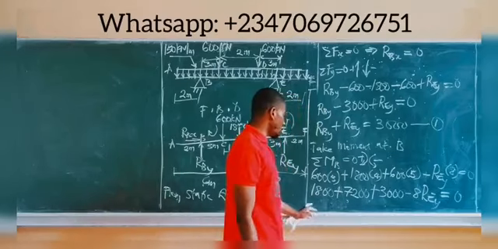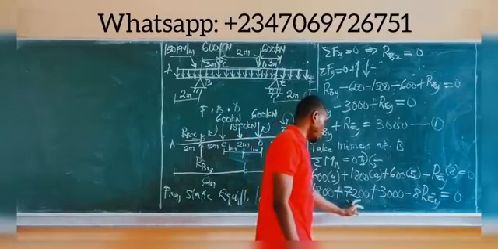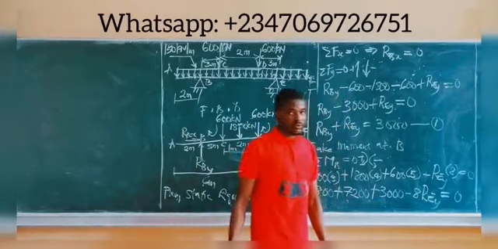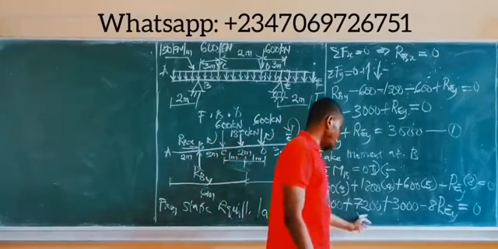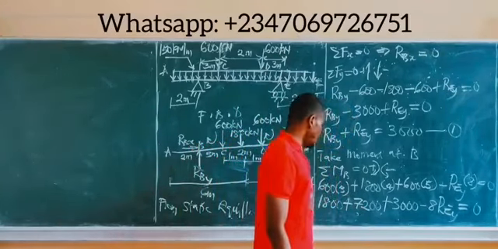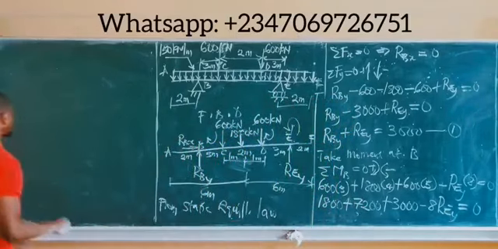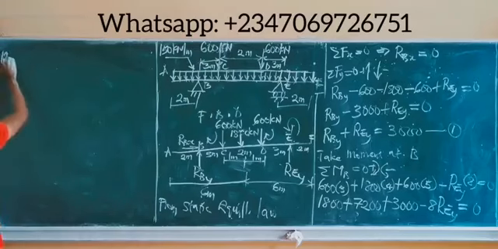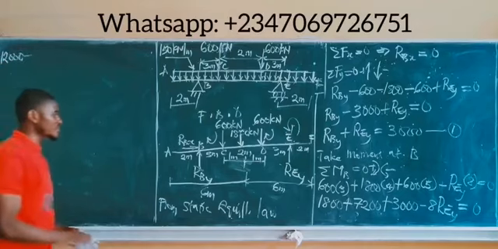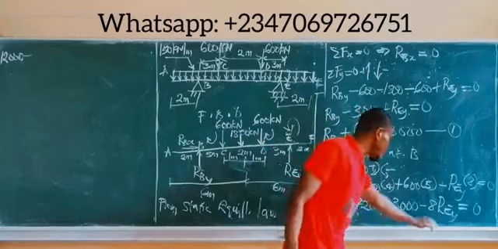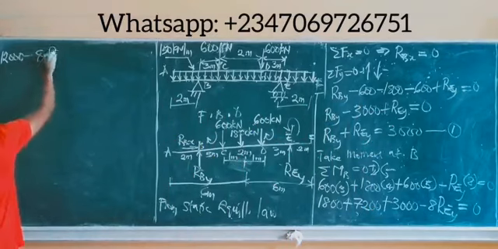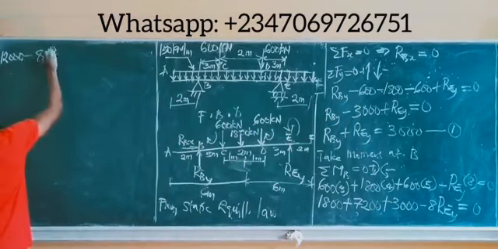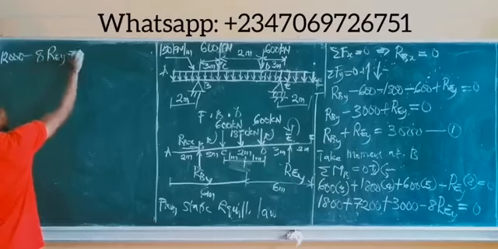So we need to evaluate 1800 plus 7,200 plus 3,000 and see what we obtain. That's 12,000. So you have 12,000 minus 8REY, and this is equal to 0.